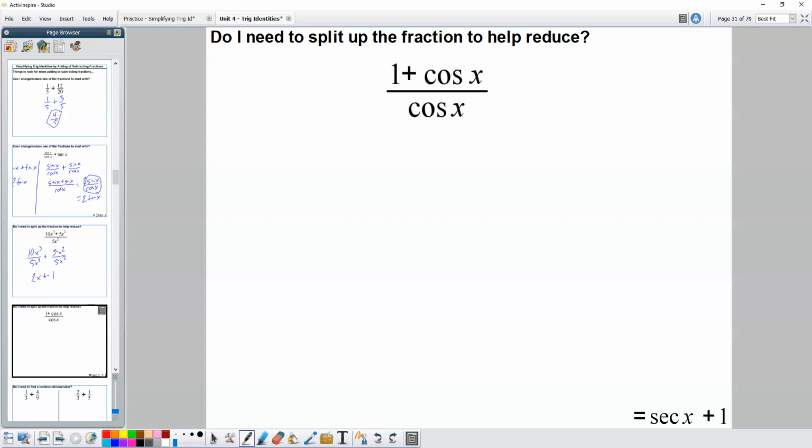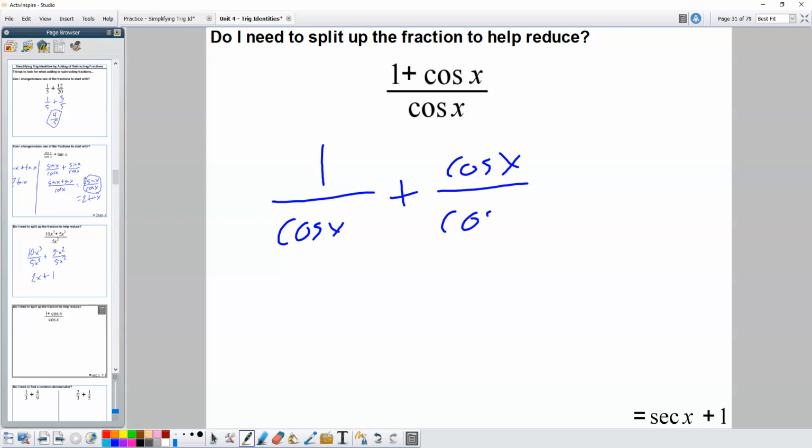If it was 1 minus cosine squared of x up top, then I could change that, but it doesn't say that. I could make this 1 over cosine of x plus cosine of x over cosine of x. So this denominator went to both of these. And 1 over cosine of x is secant of x, and that's just 1.